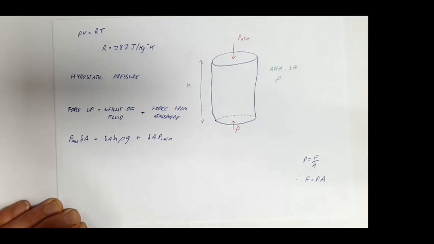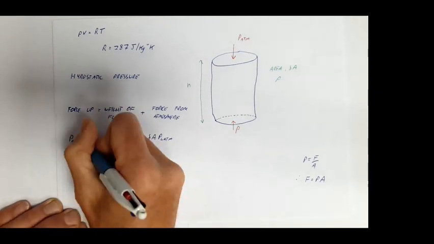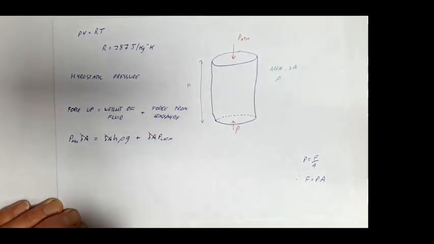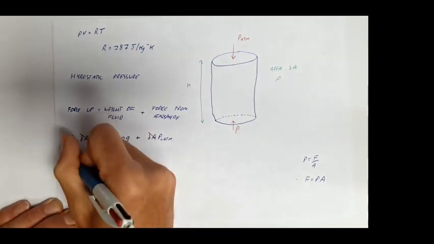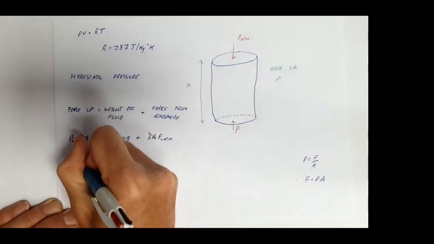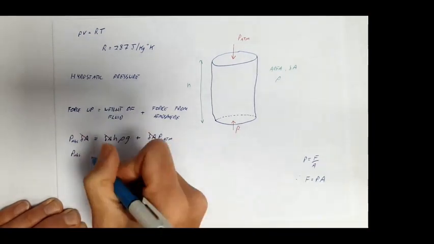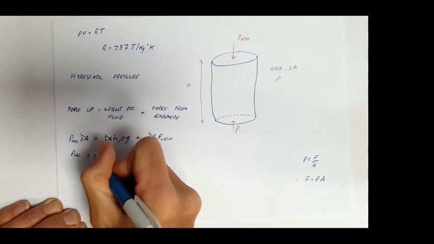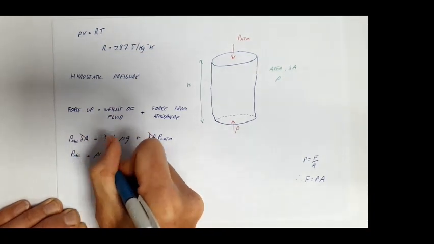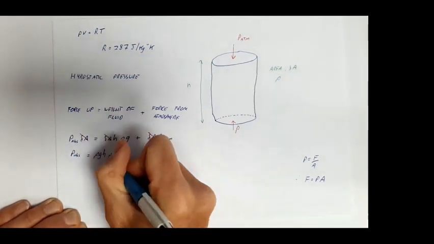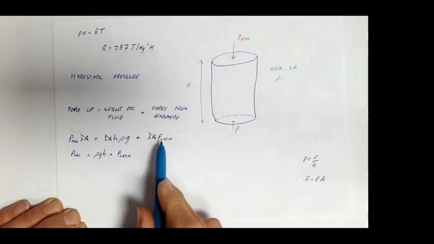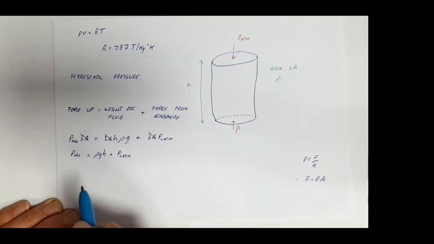Okay, now notice all of those terms have got delta A in, so we can cancel those. We can divide through by delta A. So our absolute pressure on the bottom surface equals H rho G. Generally, you'll see that as rho GH plus the atmospheric pressure, local atmospheric pressure sat on top of the surface there.